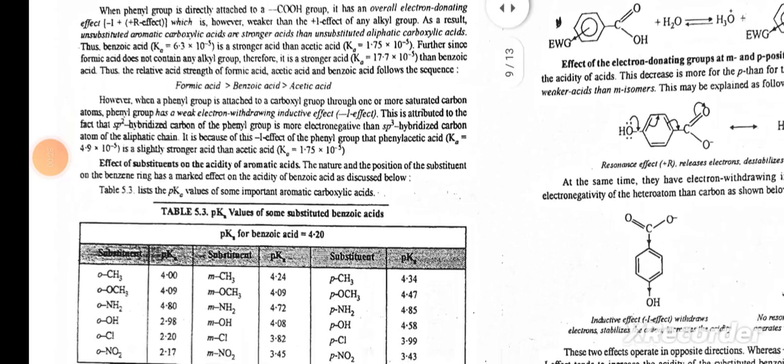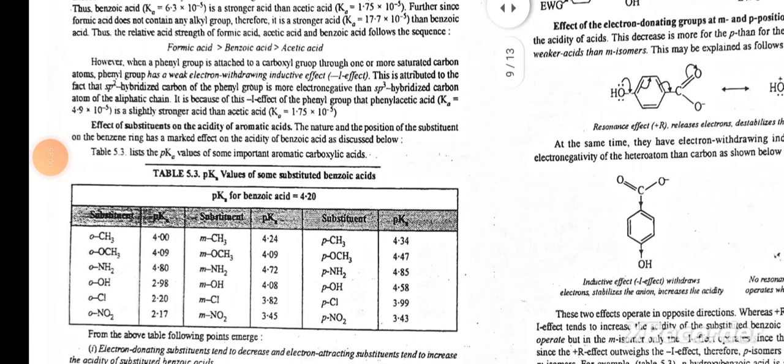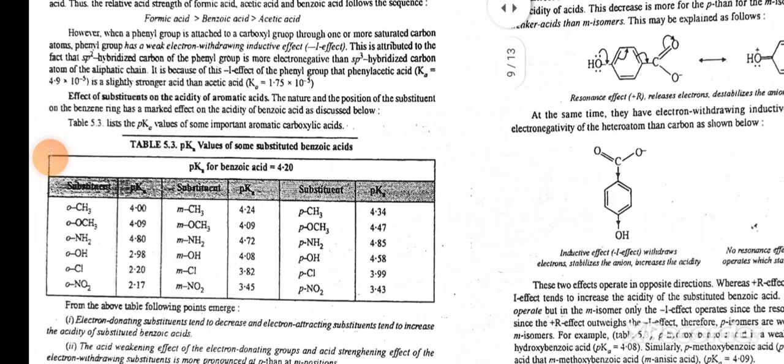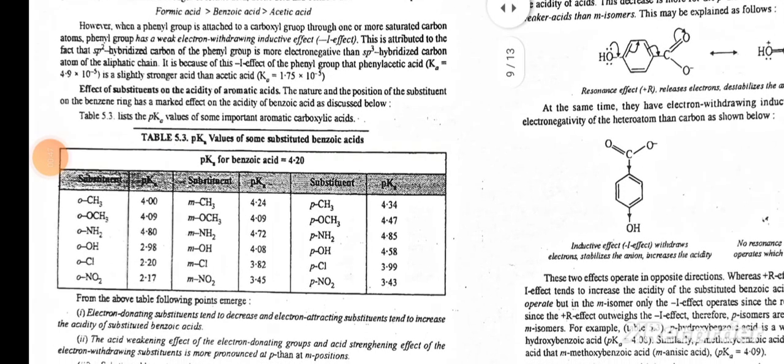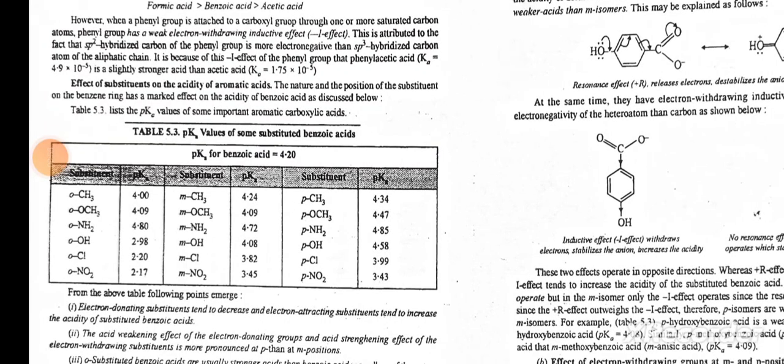Further, since formic acid does not contain any alkyl group, it is a stronger acid than benzoic acid. Thus, the relative acid strength of formic acid, acetic acid, and benzoic acid follows the sequence formic acid, benzoic acid, acetic acid. However, when a phenyl group is attached to a carboxyl group through one or more saturated carbon atoms, the phenyl group has a weak electron withdrawing inductive effect, minus I effect.